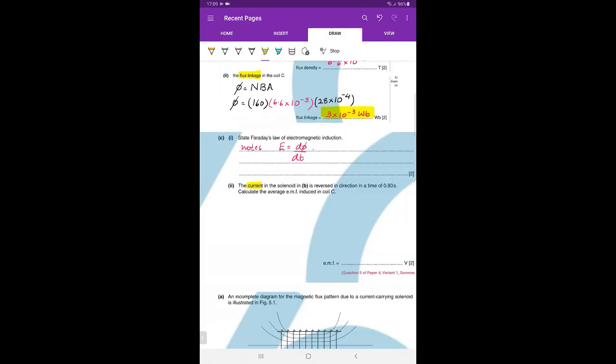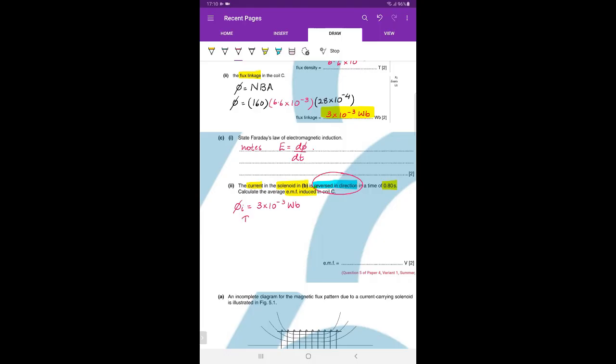The current in the solenoid in the previous part is reversed in direction in a time of so and so. Calculate the e.m.f induced. So current जब reverse होगा ना, particularly if the current gets reversed, the field will also get reversed, which means if the initial flux was coming out to be 3 times 10 to the power of minus 3, this is the answer from above.